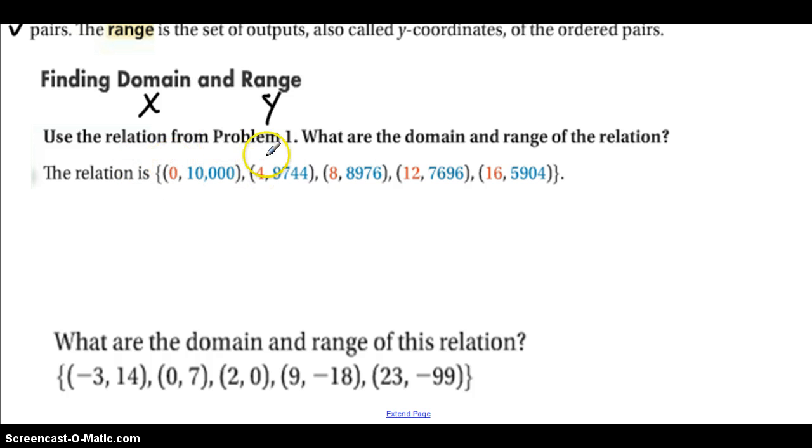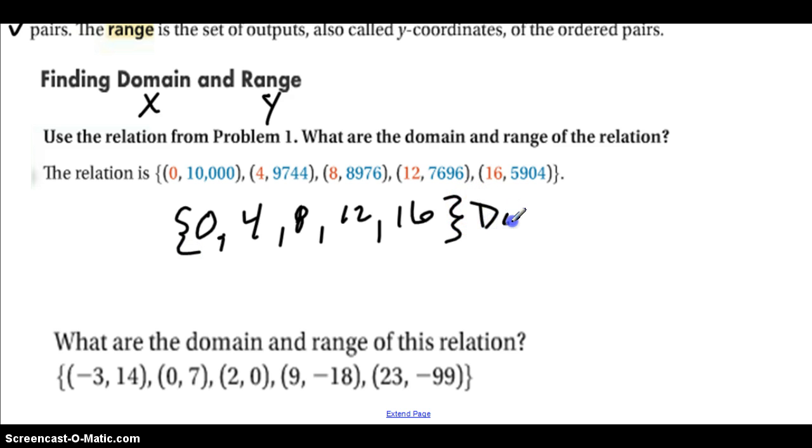So if you look at all the red numbers here, all those numbers in line, this would represent your domain. Same thing for all the blues, that would represent your range.